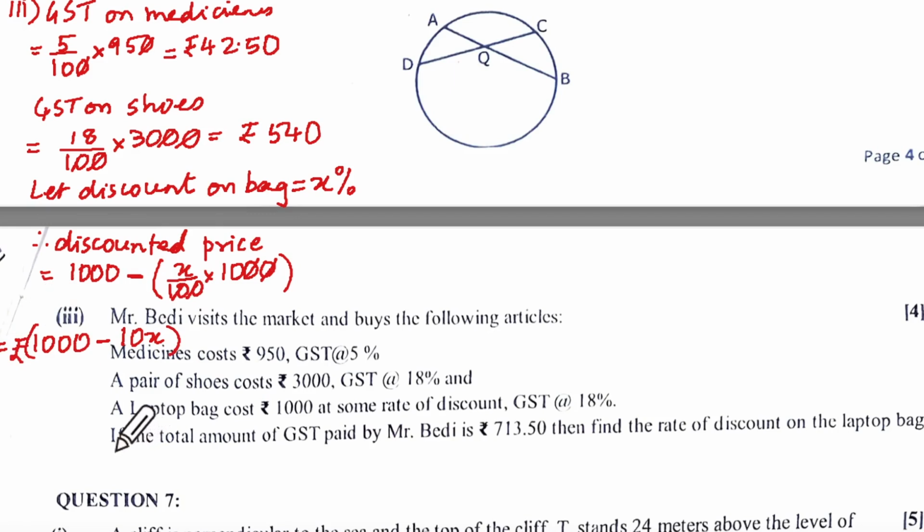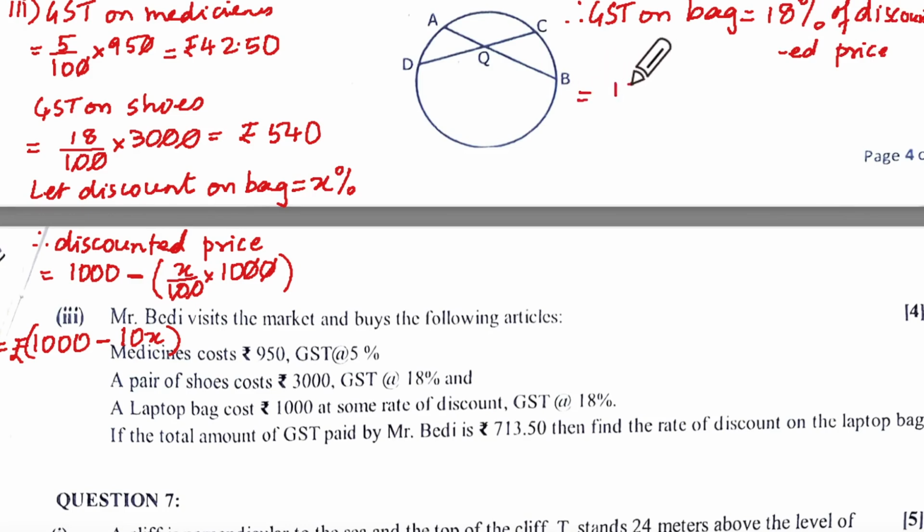All right. Now GST will be on this, no? So what will you say? Therefore, GST on bag is how much? 18%, right? So 18% of discounted price. Agreed?